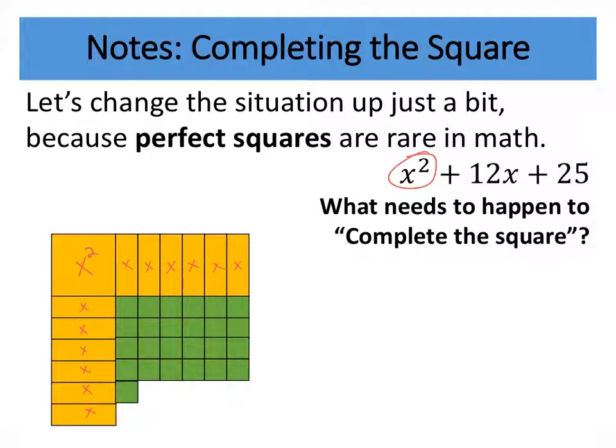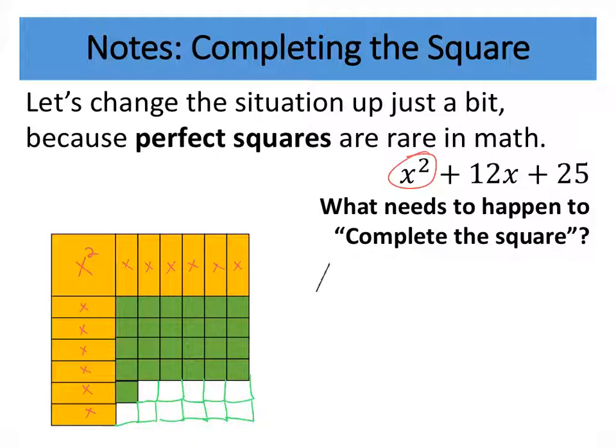So how many more squares visually do I need to complete this square? Well, I need 1, 2, 3, 4, 5, 6, 7, 8, 9, 10, 11. I need 11 more squares to complete this square.